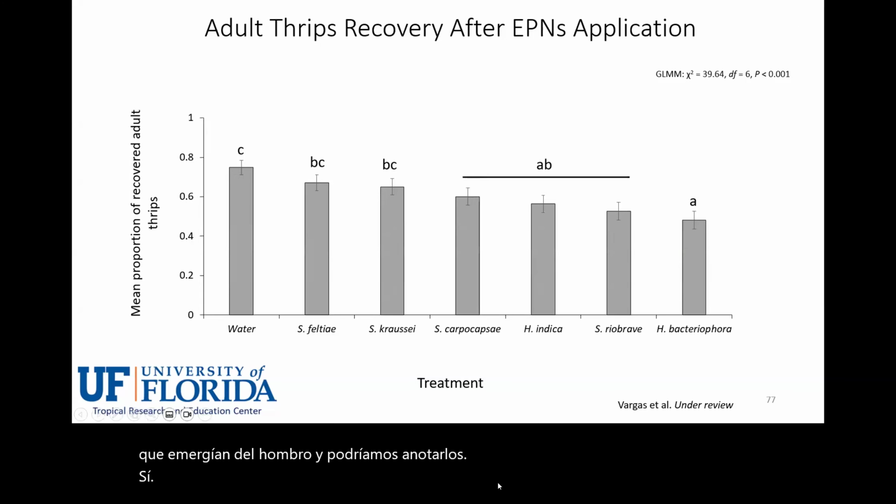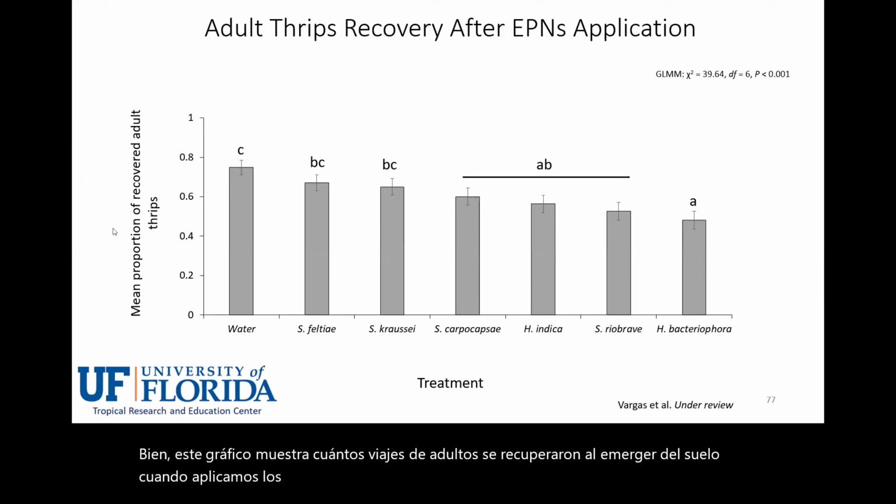This graph shows how many adult thrips emerged from the soil when we applied the different entomopathogenic nematodes. We have the mean proportion of recovered adult thrips over the different treatments.